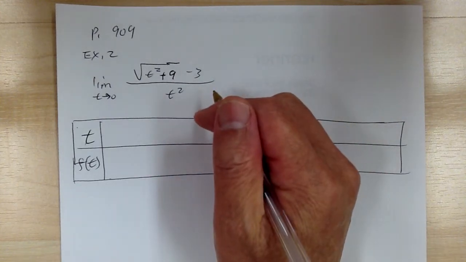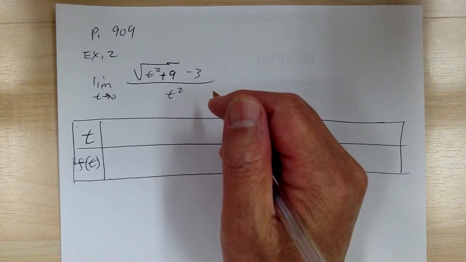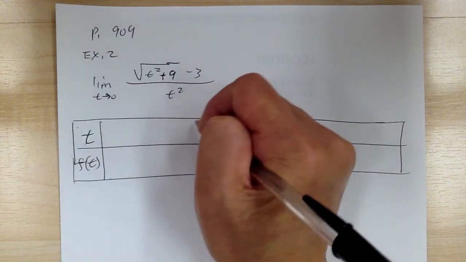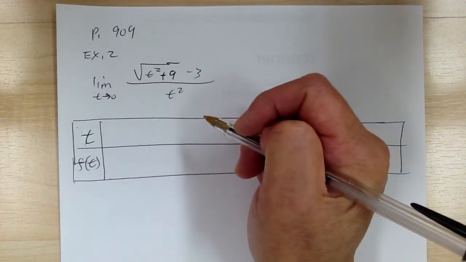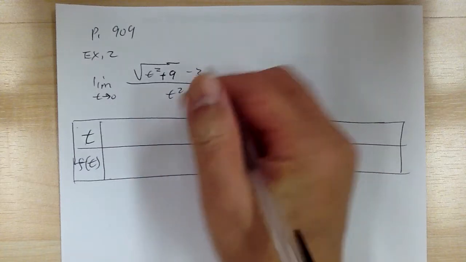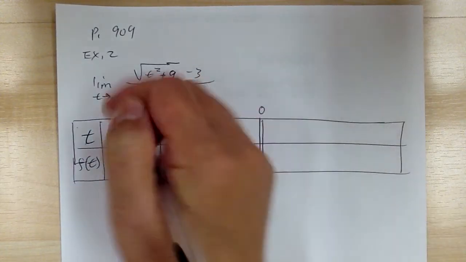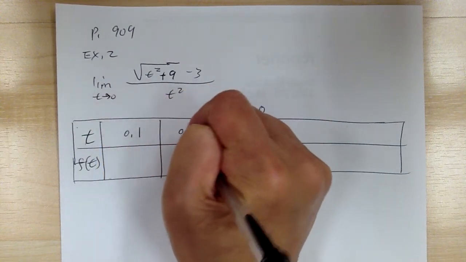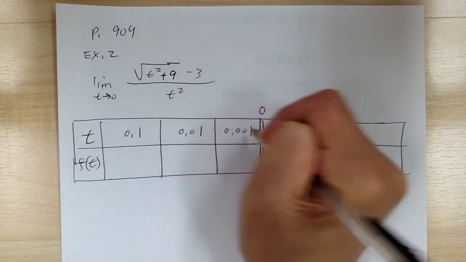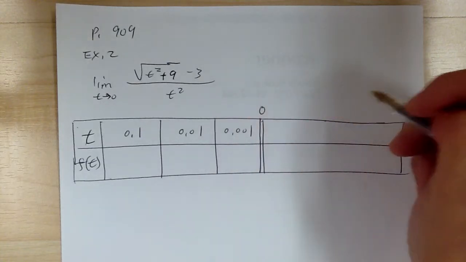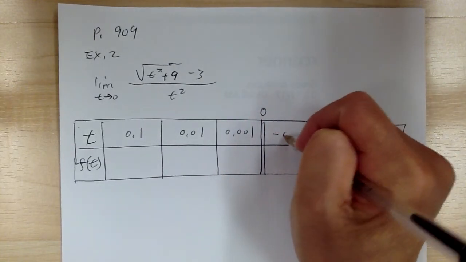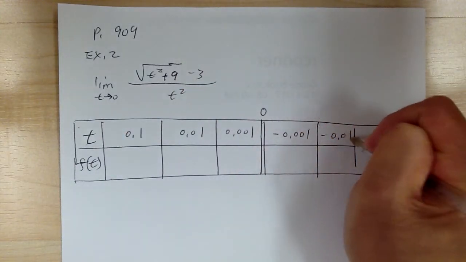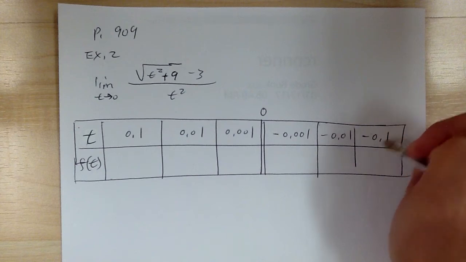This one is fairly easy, and you get fairly good values. Normally you can do three values: 0.1, 0.01, 0.001. And since the approach value is 0, you can go negative on the other side, like negative 0.001, negative 0.01, and negative 0.1.